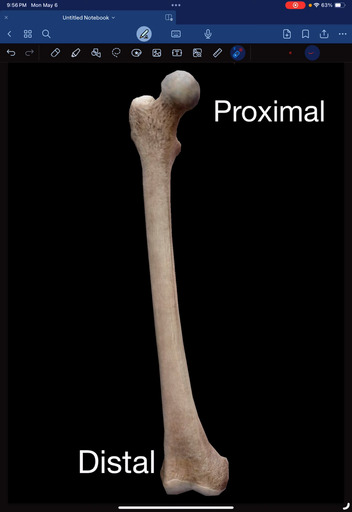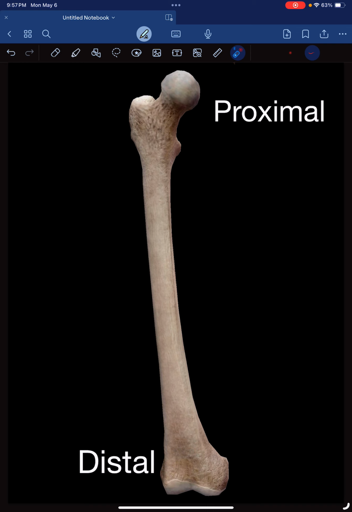Let's say the doctor said, okay, well, the client has a fracture on the distal head of their right femur. Well, since you watched this video, you know that the distal head of that femur is right in here. So without having to look or palpate or get an x-ray, you know just from the vocabulary that that fracture is going to be down here.